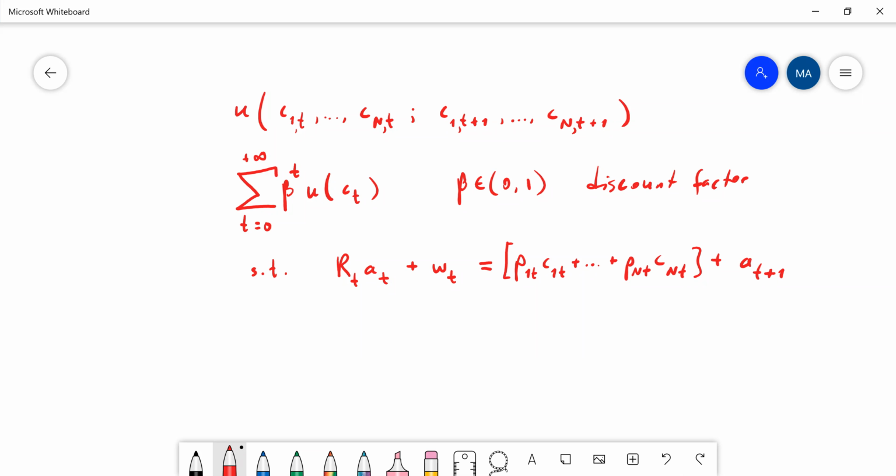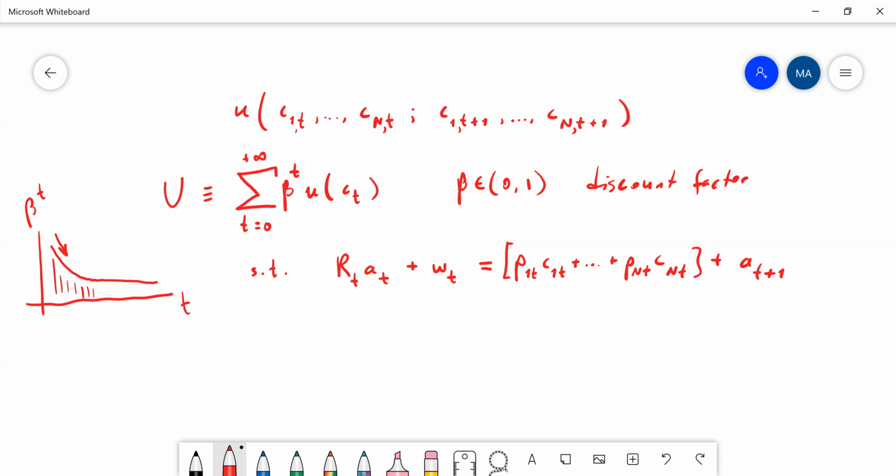Future utilities, so if this is your big utility function, future utility flows receive a smaller weight, right? Because if beta is between 0 and 1, beta to the t goes to 0 in the future, so today is more important for me. Okay, I attach greater importance to the present.